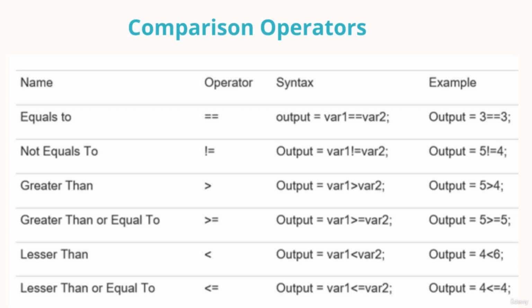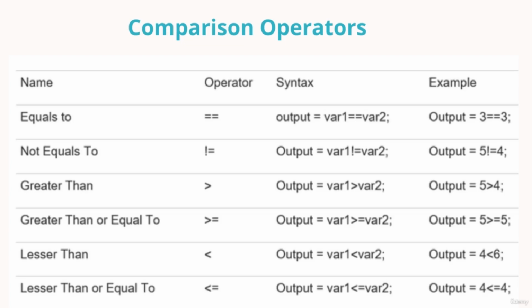Greater than is used when you want to compare for the greater value, lesser than for the lesser value, and very similarly greater than equals to and less than equals to, which will compare the greater as well as the equality. So all these operators will compare two values and will always return a boolean, either true or false, on the basis of the comparison made.